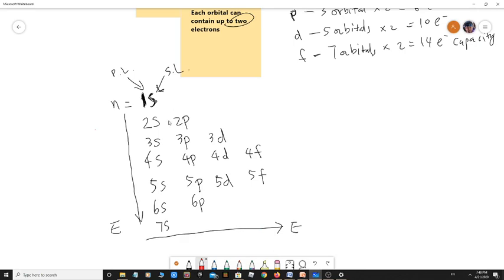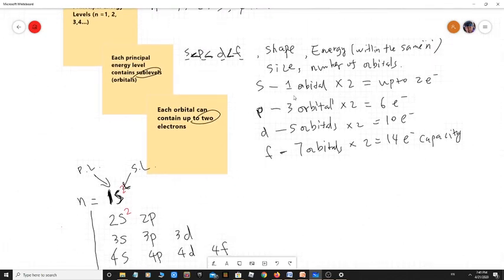Now let's say the maximum number. When you have different numbers of electrons, as different atoms do, they would fill in these orbitals differently. The maximum capacity for 1s is going to be 2 electrons. The maximum number of electrons for 2s is going to be 2 as well, because there's only one orbital.